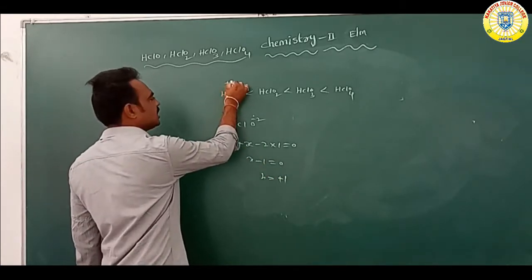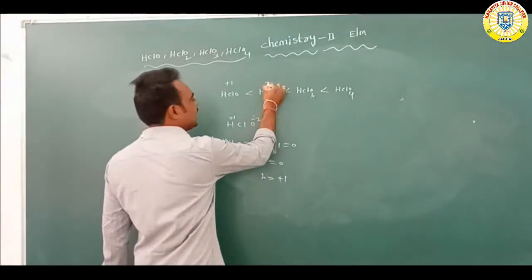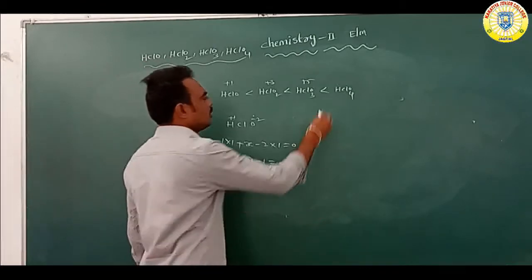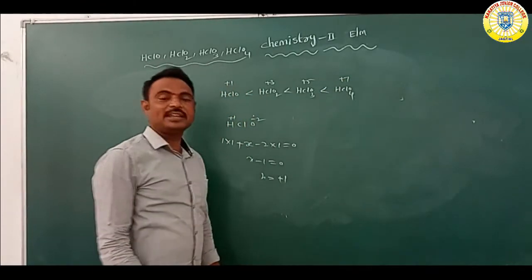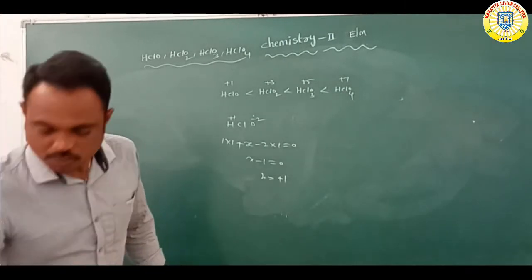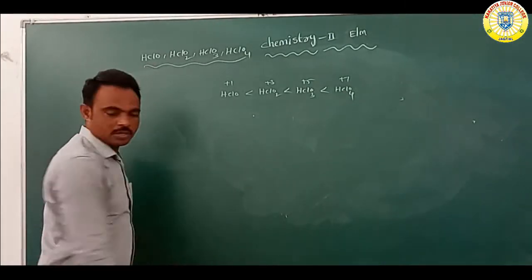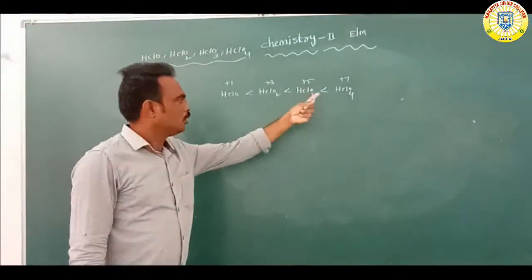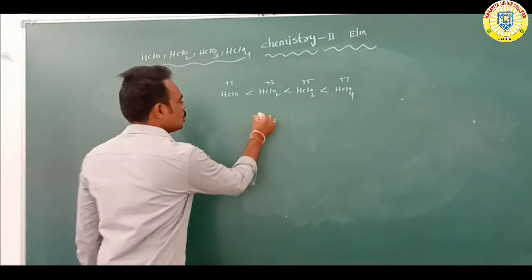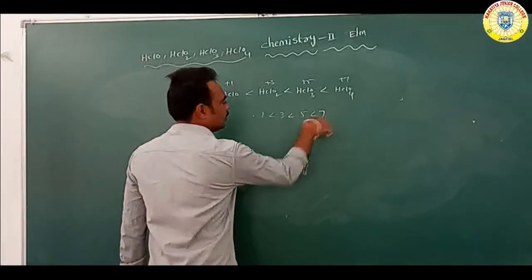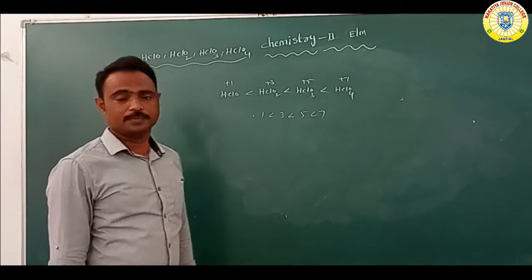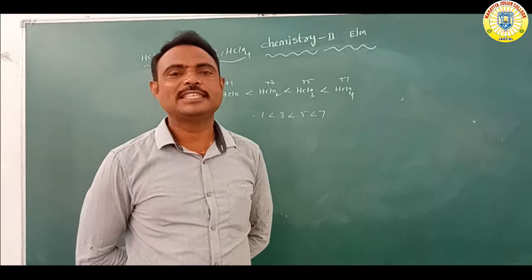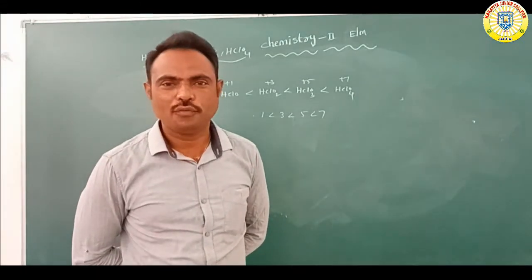So plus 1 oxidation state here, then plus 3, plus 5, and plus 7 oxidation states. So from hypochlorous acid to perchloric acid the oxidation number increases. When the oxidation number increases, the acidic strength of the acids increases.